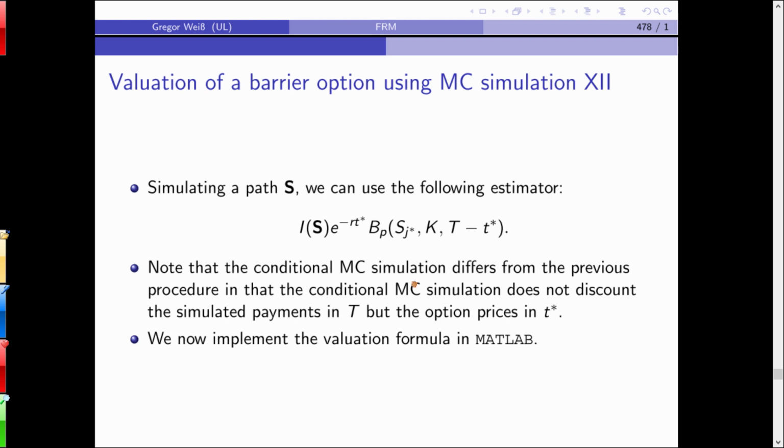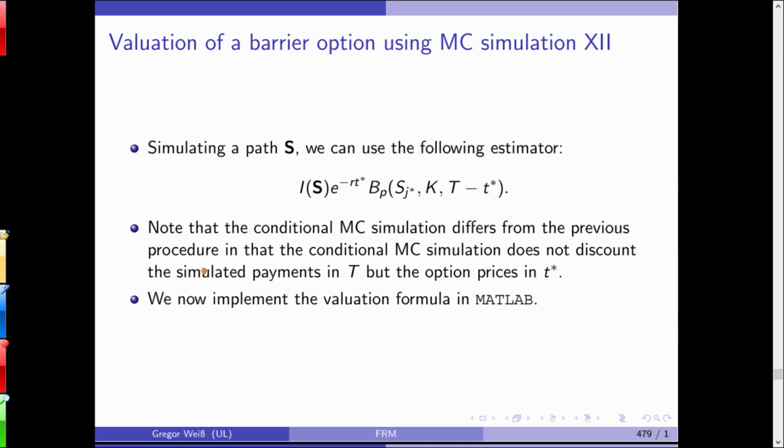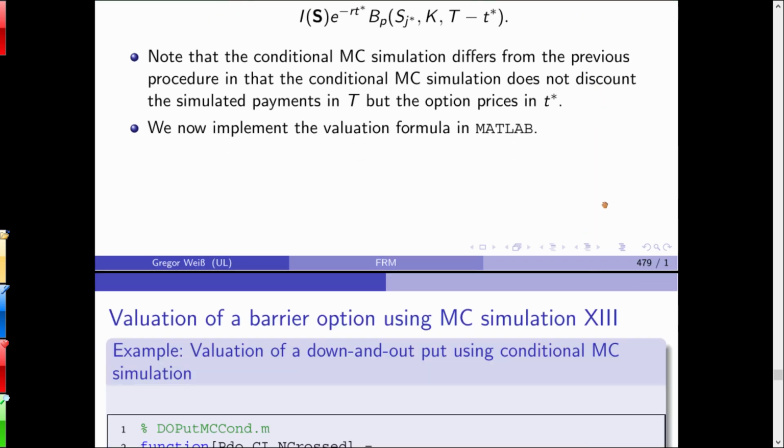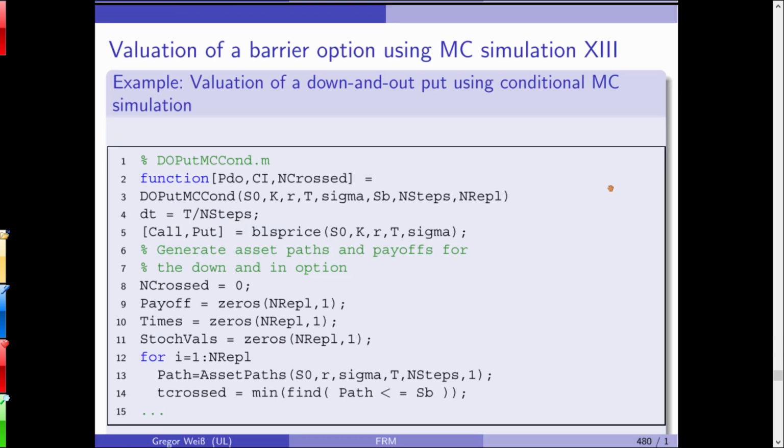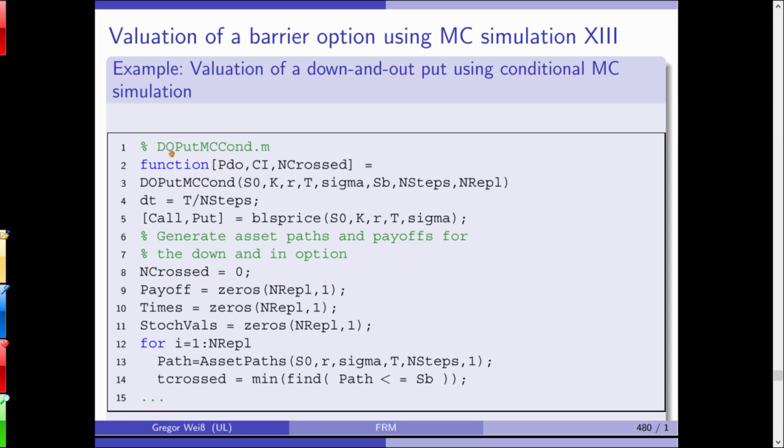So we simulated paths, we can use the following estimator, and the difference now is, of course, that we are not discounting from 0 to capital T, but we are discounting from T star to capital T. So from 0 to T star. And the MATLAB program now looks slightly different. Down and out put, MC cont for conditional.